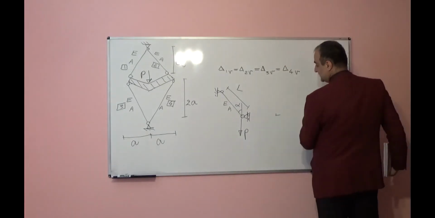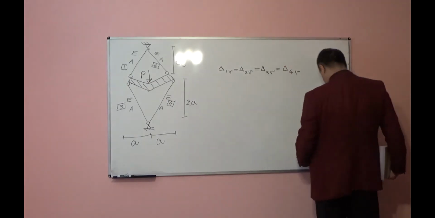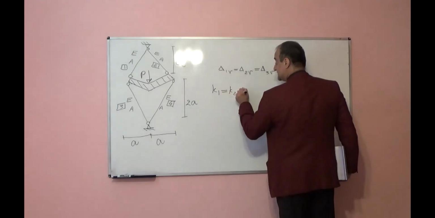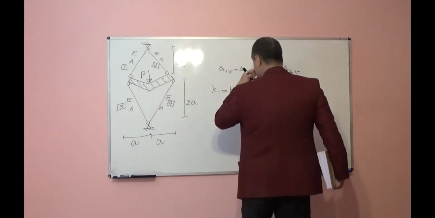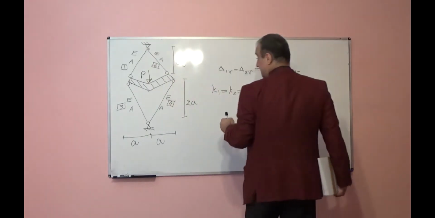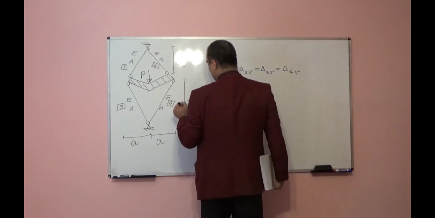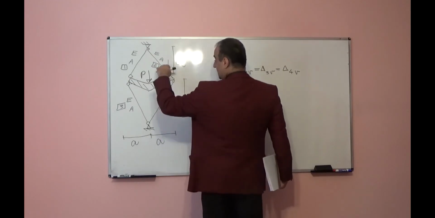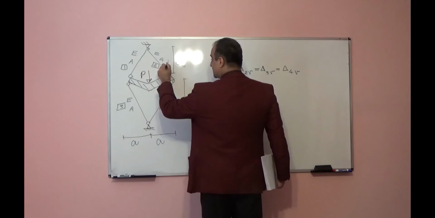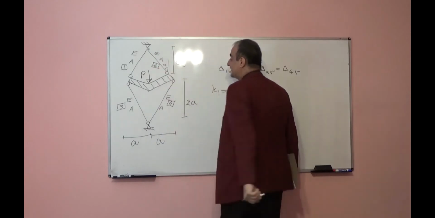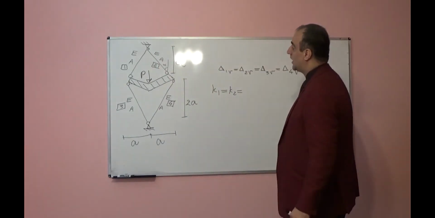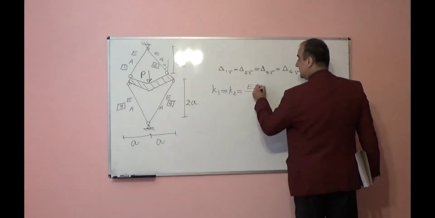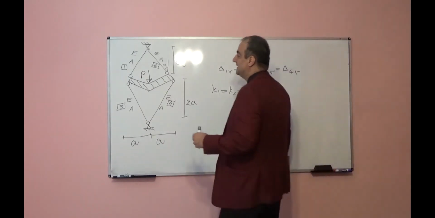Now I will use this formula. The stiffness for K1 and K2, these two rods, should be equal in vertical direction. Pay attention, what is the alpha? The deformation is in vertical direction, so this angle will be alpha. So it will be EA divided by length.